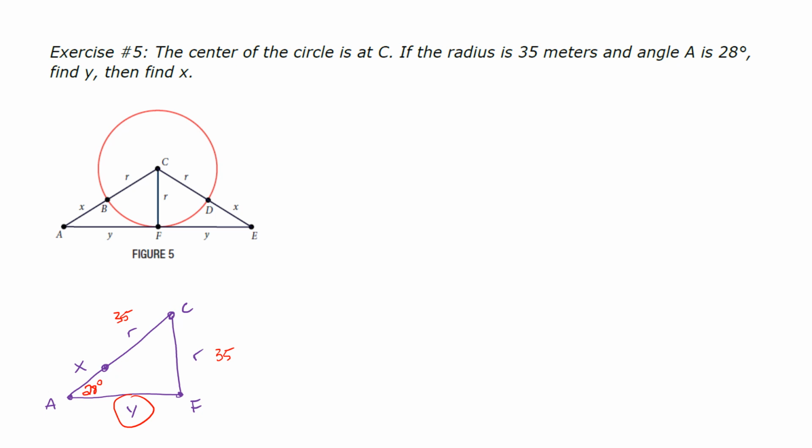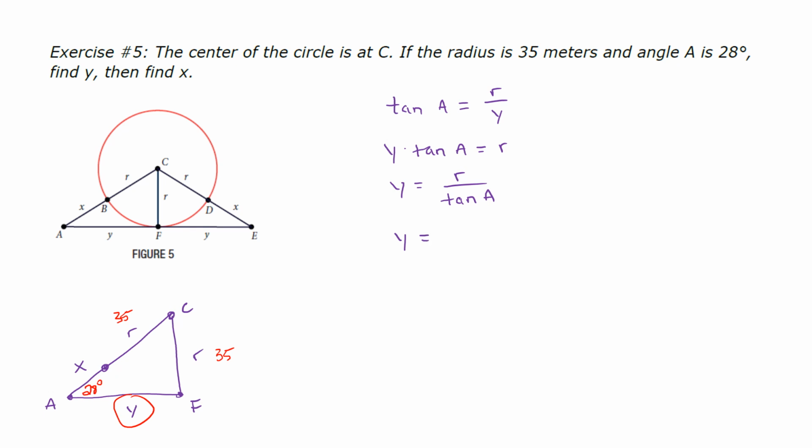And that would be tangent, because the tan of A would be the opposite over the adjacent, which is Y. Well, I'm trying to find Y. So to get Y by itself, I would multiply both sides by Y, and then I would divide both sides by the tan of A. That's how I would get Y by itself.